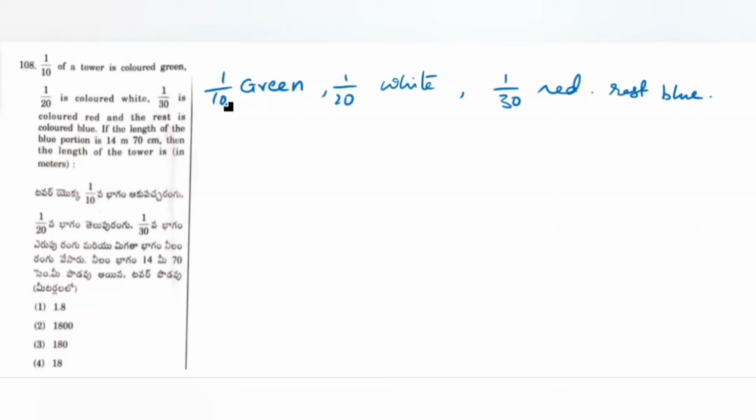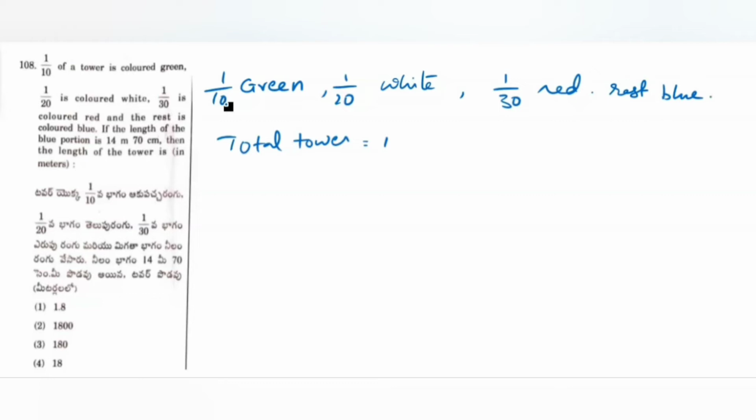That means let us think total tower is equal to 1. 1 means one whole. These are all given in fractions. From 1 we need to subtract the sum of the other parts to get the blue part.